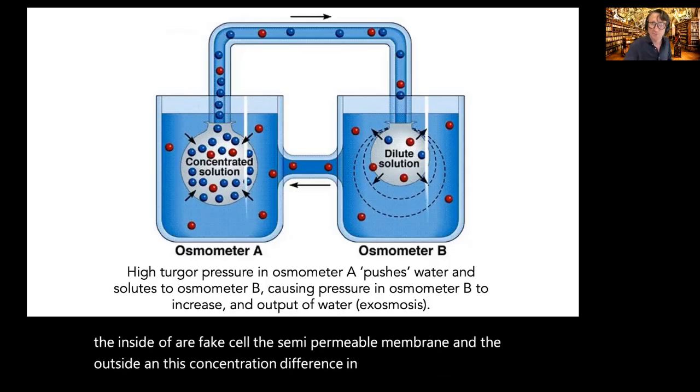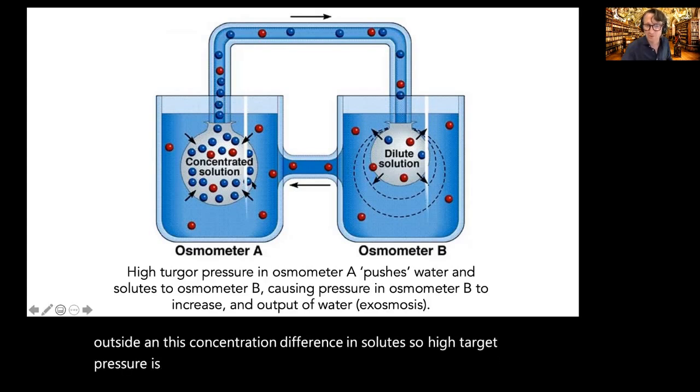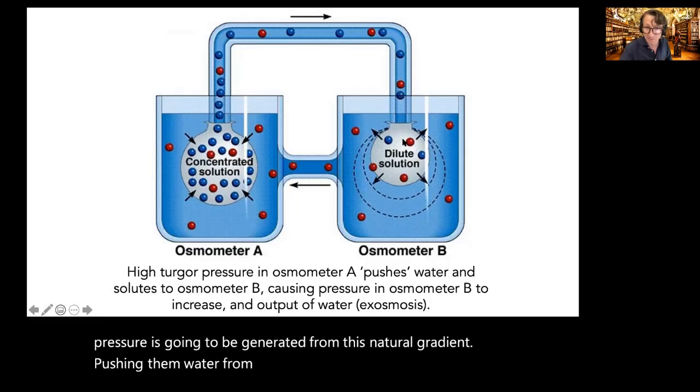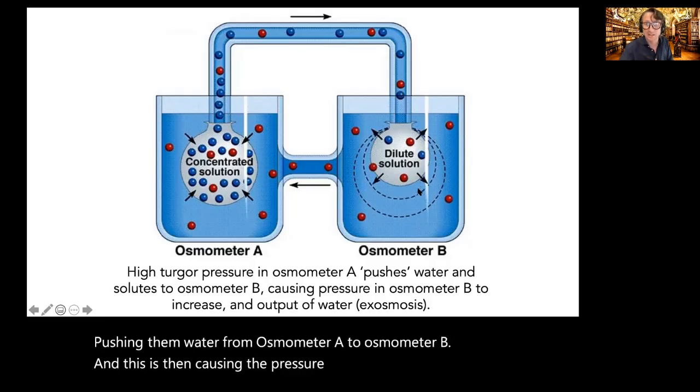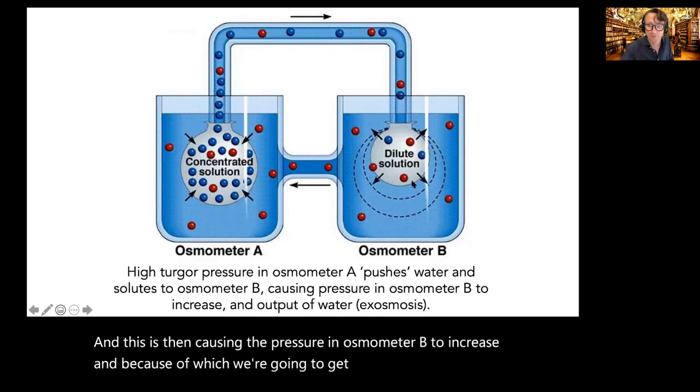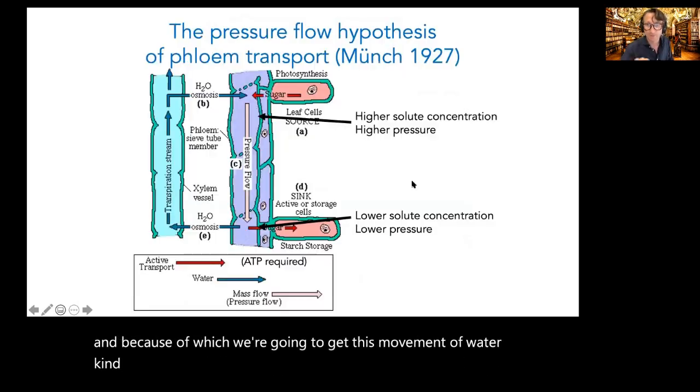So high turgor pressure is going to be generated from this natural gradient, pushing water from osmometer A to osmometer B. And this is then causing the pressure in osmometer B to increase, and because of which we're going to get this movement of water kind of all around, okay?